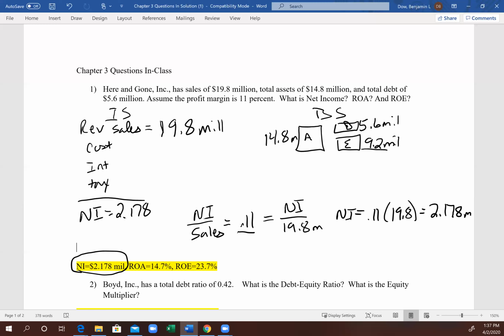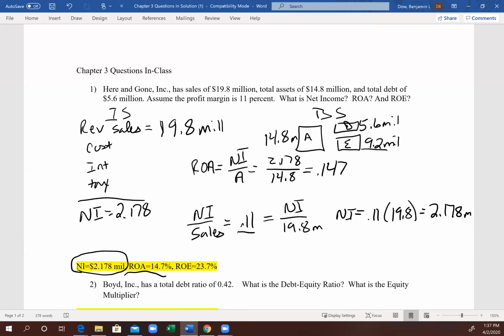All right, they also wanted return on assets. You don't have to memorize this, but return on assets is net income relative to assets. Now that you know net income, 2.178 divided by 14.8 million gives us a return on assets at around 14.7%.